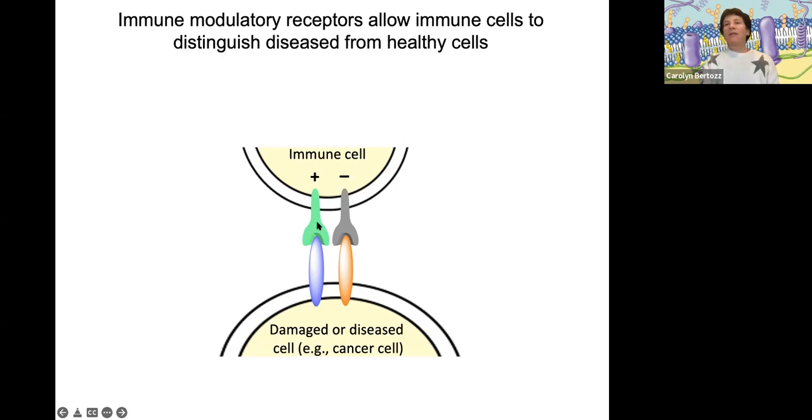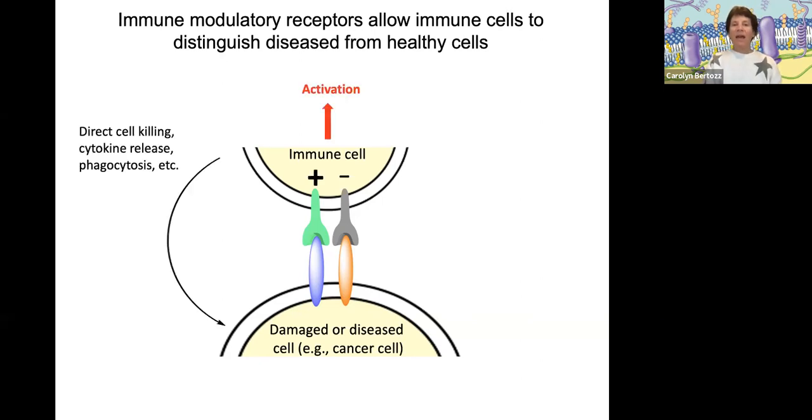Those activating receptors are looking for ligands on the target cell that present evidence of damage. And if those activating receptors cluster at this synapse between the immune cell and the target cell at high enough density, they will deliver this activating signal and cause that immune cell to activate, which then leads to a response to kill the target. And the nature of the response depends on the specific type of immune cell.